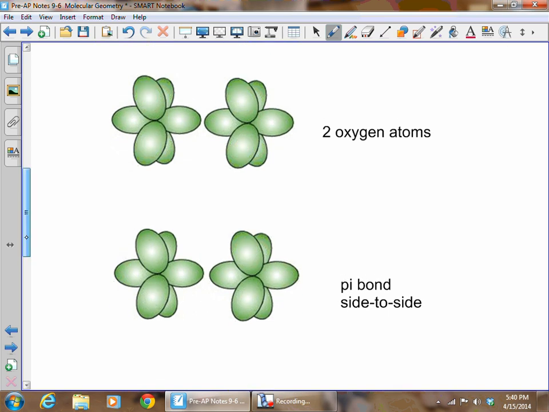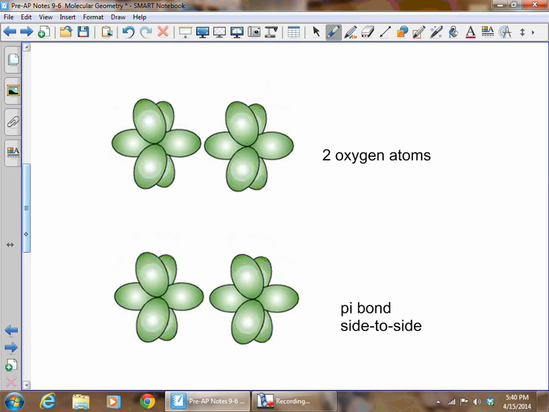So let's take now 2 oxygen atoms. Oxygens are 1s with 2 electrons, 2s with 2 electrons, and 2p with 4 electrons. So in this case, we're going to have 2 orbitals that only have 1 electron in each. Let's imagine our 2 original ones here with only 1 electron in each. They kind of look like eyeballs, like little turtles staring at each other.